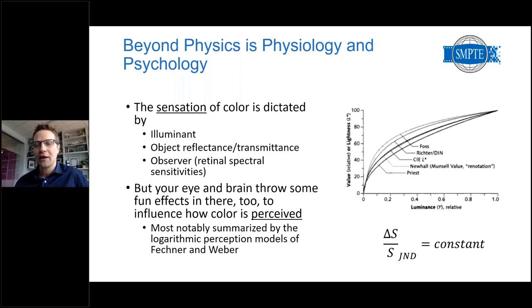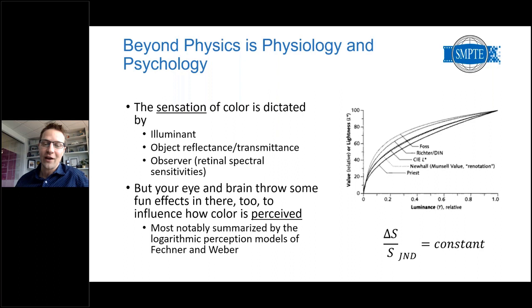So if I gave you a 50% reflecting white surface, and let's say that the human detection of change in lightness was 10%, I would need to go from a 50% reflector to a 55% reflector, 5 being 10% more than the 50, before I would see a difference.